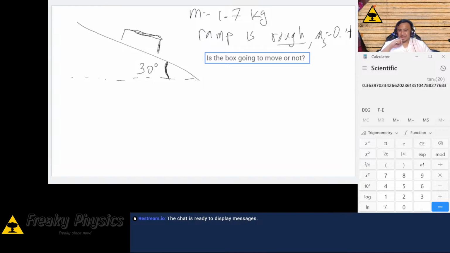Okay, looks like you're a bit stuck there. So F is mu times R, but to find R, do I find the Y? Yes, good, you figured it out. This is where you actually have to use the two sides of the table now.